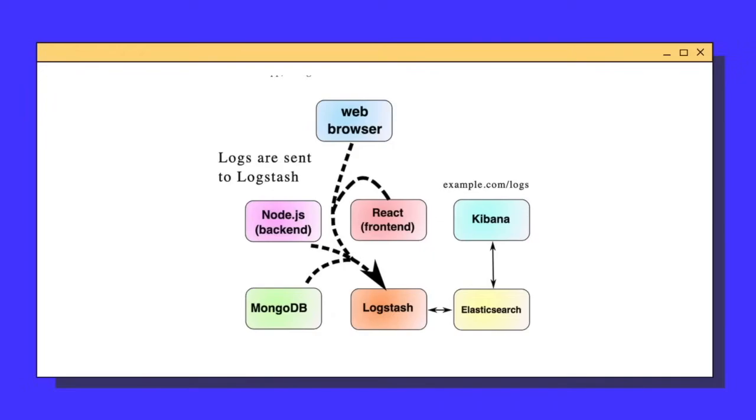And then the way that the components of ELK work is that all of the other services send logs to Logstash. Logstash takes these logs, which are text emitted by the application. For example, when you visit a web page, the web page might log, this visitor accessed this page at this time.